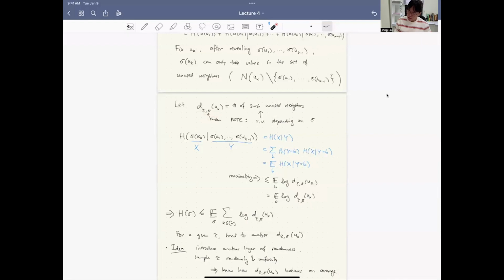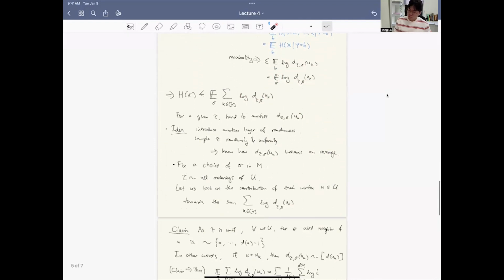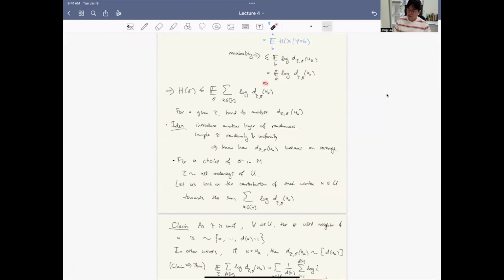So for this conditional entropy, using the definition of conditional entropy and maximality, it is at most the expectation of log of the size of the range of where x can take value. This is the range of x. Good, that's just maximality. The clever bit is that the size of the range is the number of unused neighbors.